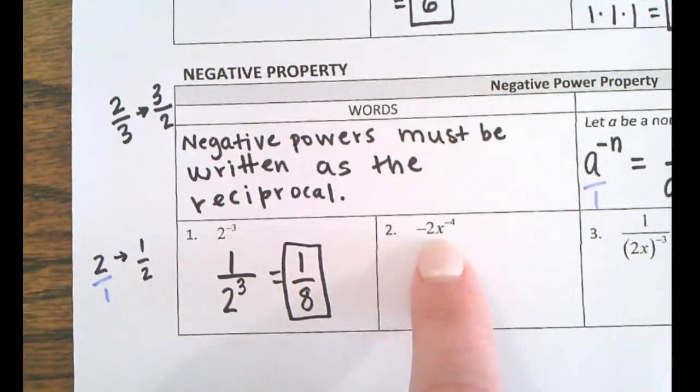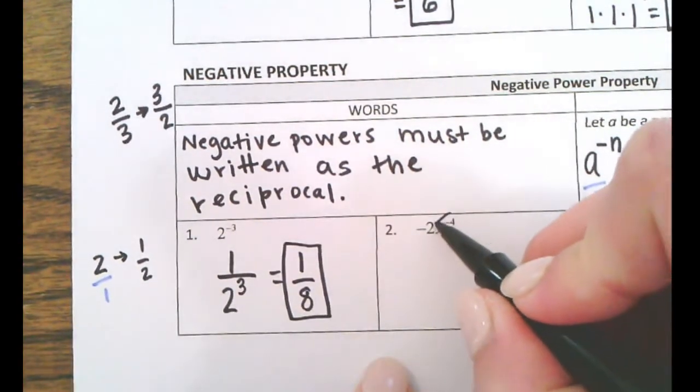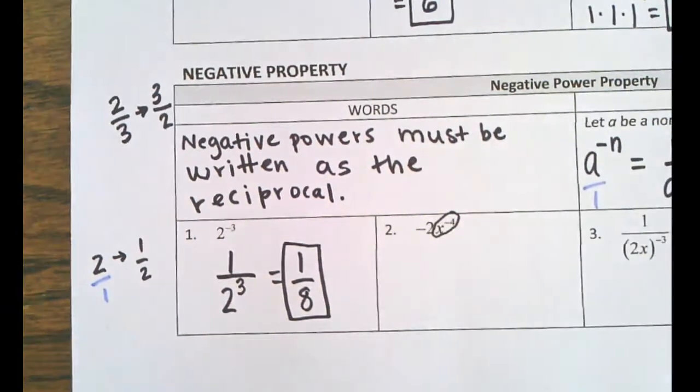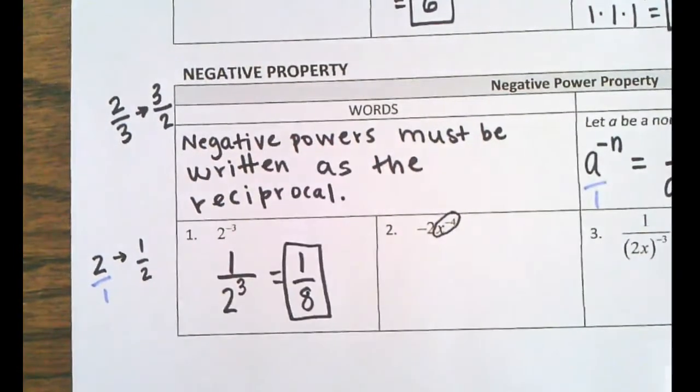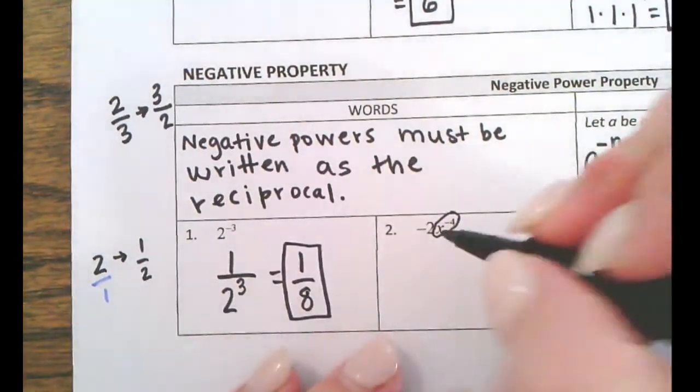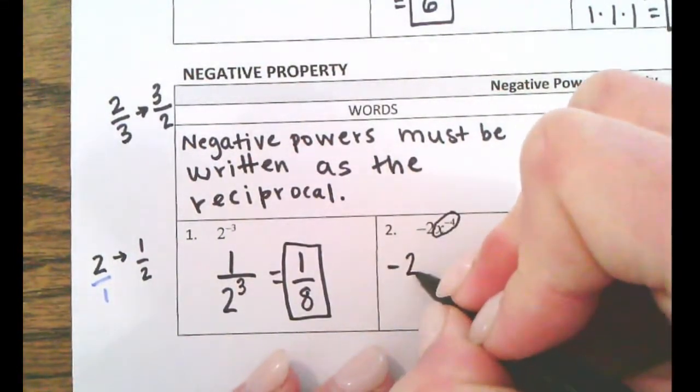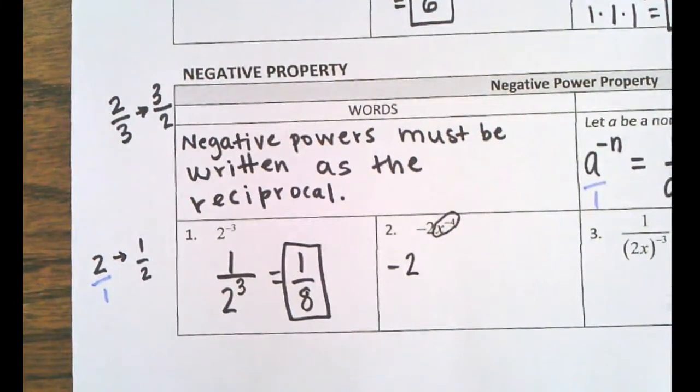Our next problem, we have negative 2x to the negative 4. This is the only part with a negative exponent. We can have negative numbers, we just can't have negative powers. So I'm going to write this as negative 2, because that's okay where it's at.